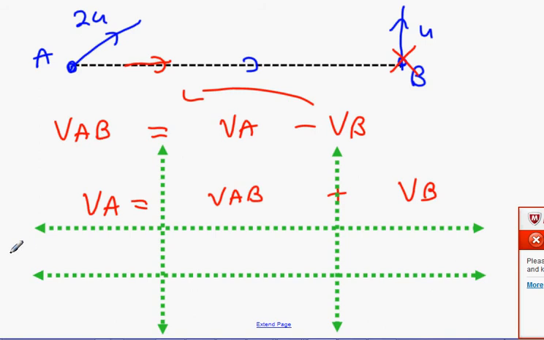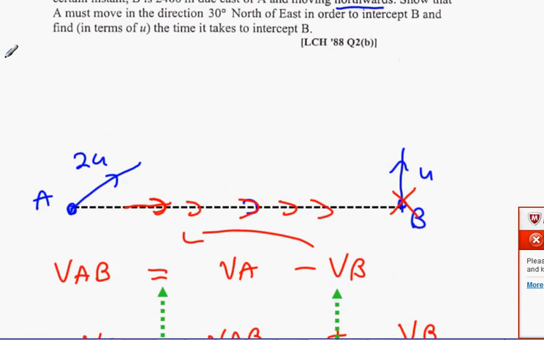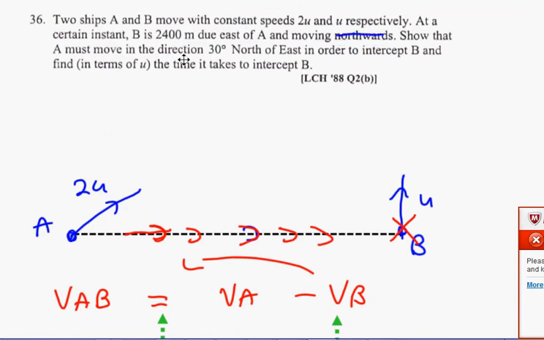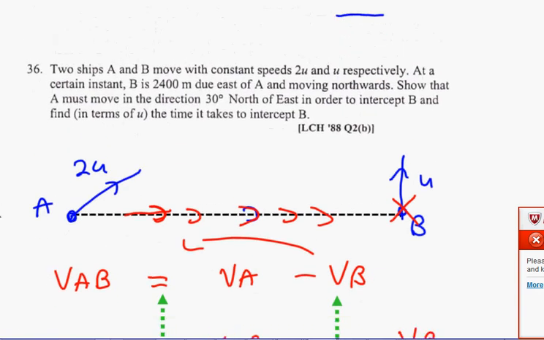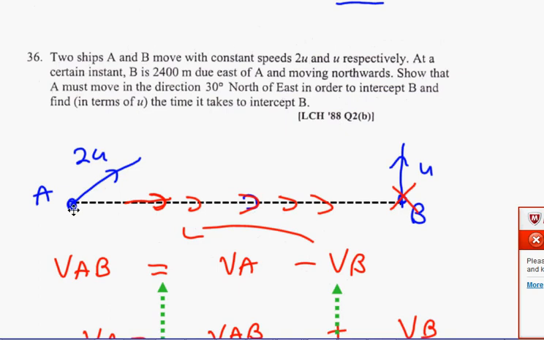First one's going to be magnitude, which is speed. Second one is going to be direction. So let's see if we know anything. What do we know about the velocity of A relative to B? It has to go which direction? East. Is everybody happy that it has to go east? Because B is currently east of A, and the velocity of A relative to B has to go all the way east to intercept.